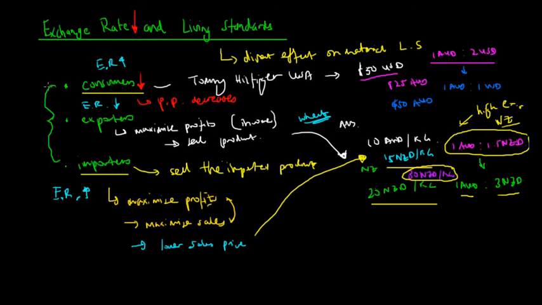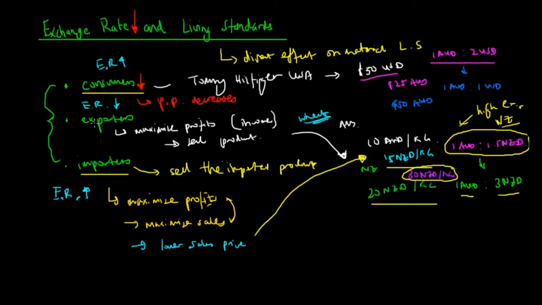So what we can see here is there's definitely a trade-off between exporters and importers as well as consumers. Consumers want the exchange rate to be high because their purchasing power increases. When the exchange rate decreases, their purchasing power decreases. By the same token, exporters will experience better competitiveness if the exchange rate of the country is very low, so that they are more internationally competitive.